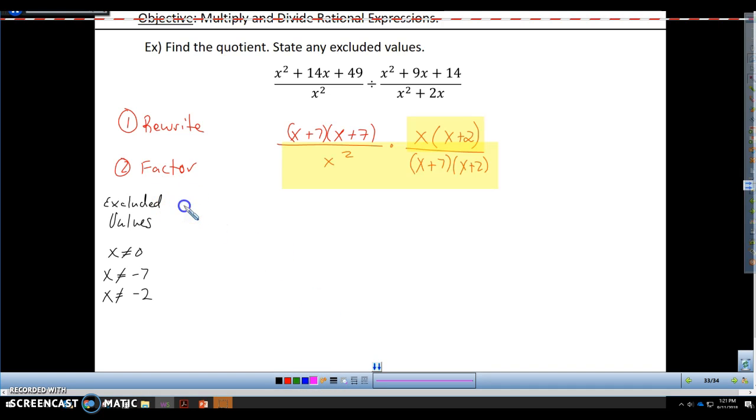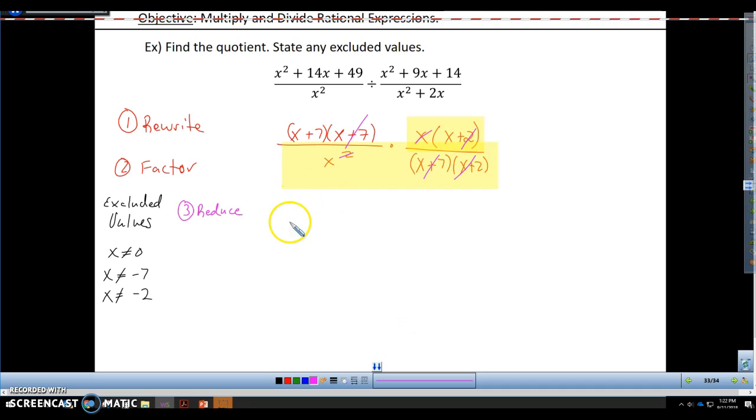Here's where I will reduce. I'll cancel an x and an x, which will give me x to the first. Here, x plus 2's cancel, and then x plus 7 cancels.